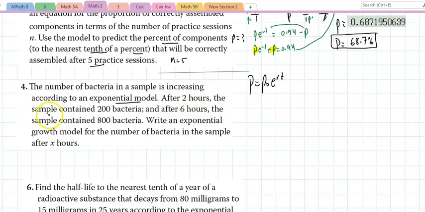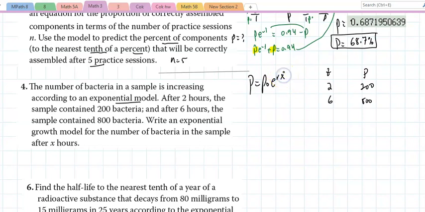After 2 hours, the sample contained 200 bacteria. After 6 hours, the sample contained 800 bacteria. Write an exponential model for the number of bacteria in the sample after X hours. They don't like T, they like X.